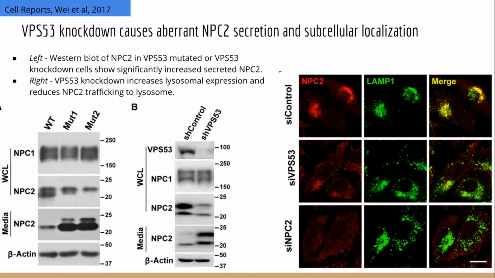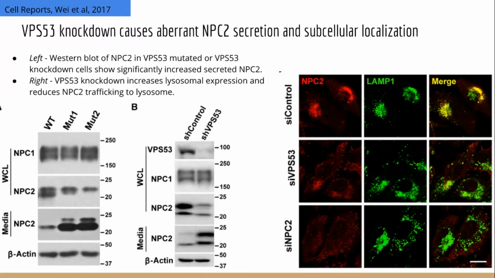Seeing as VPS53 knockdown causes cholesterol accumulation in endosomes and lysosomes, and this phenotype mirrors the phenotype of NPC2 mutants, they wondered if the VPS53 protein was important for NPC2 trafficking.